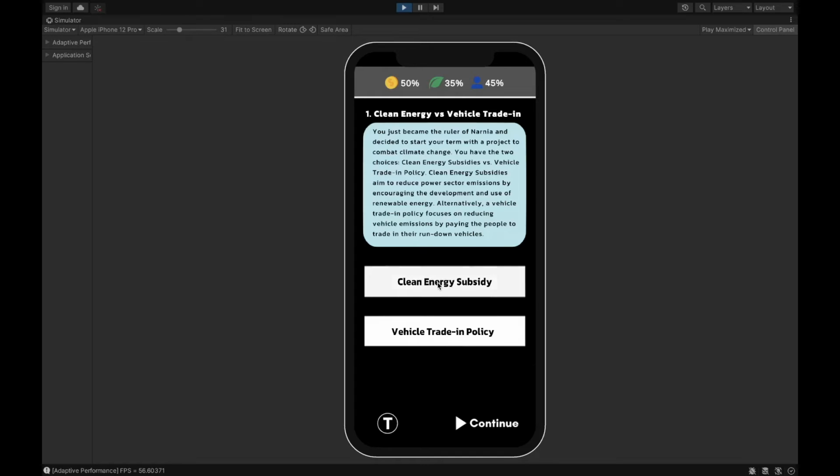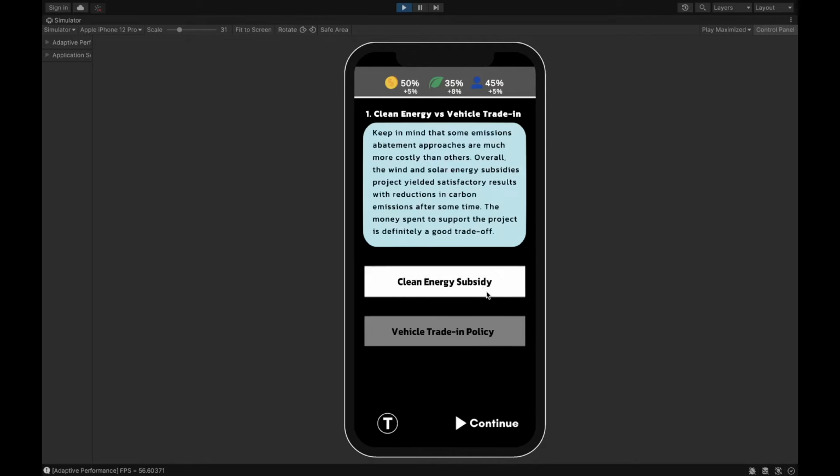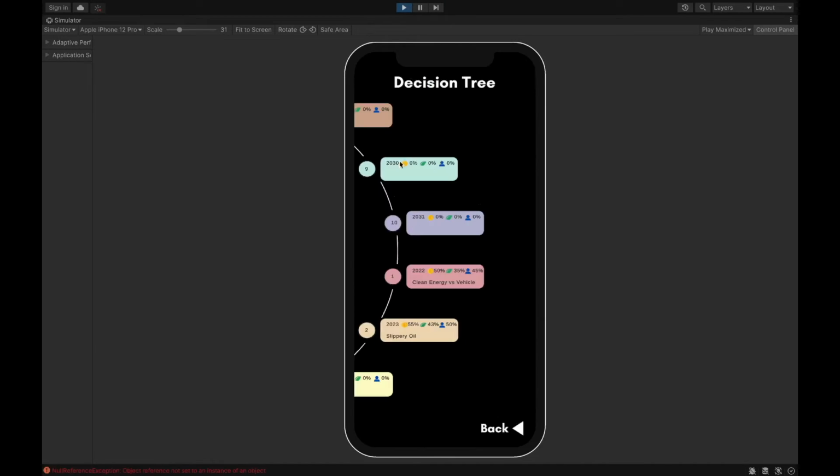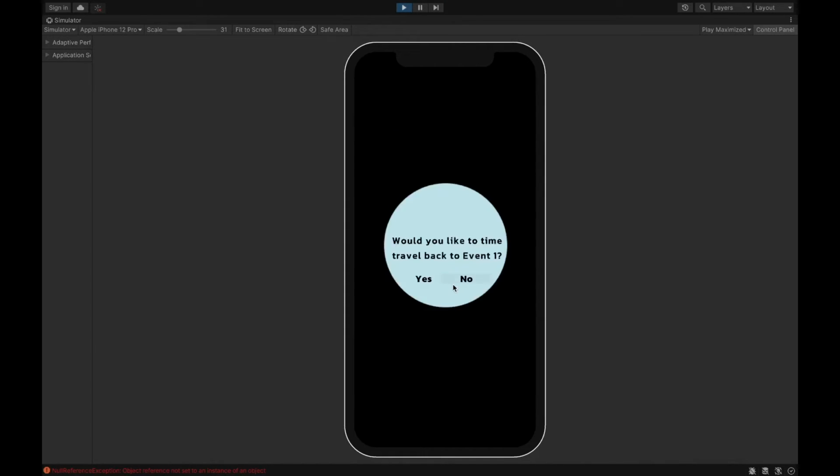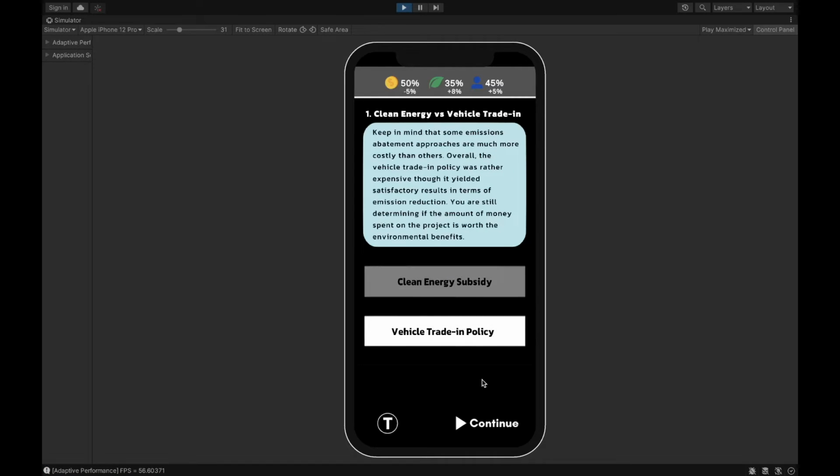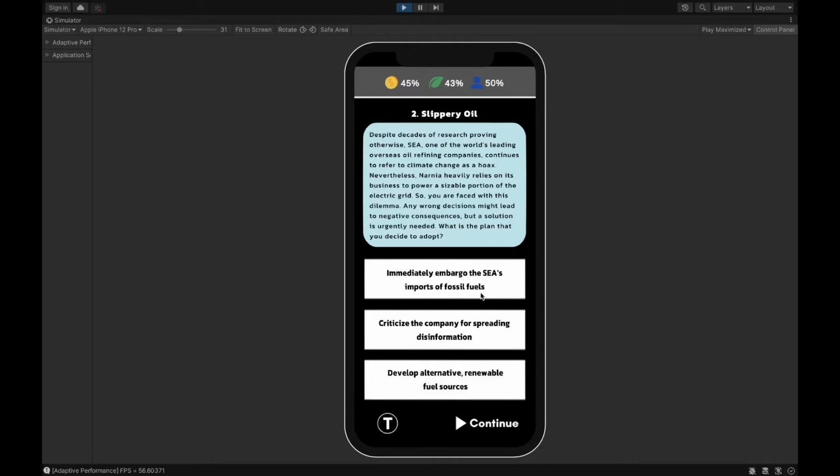So let's go ahead and do an example where we get a lower score than we did last time. So if we do clean energy subsidy, that's actually a higher score. But if we go back to the decision tree, we can go ahead and click vehicle trading policy, so that decreases things.